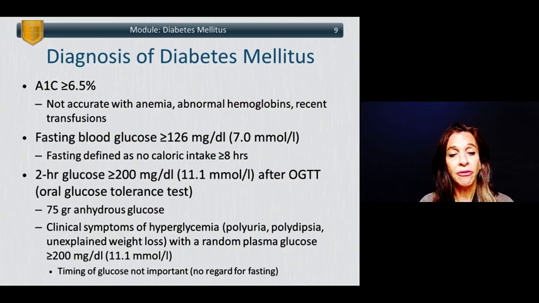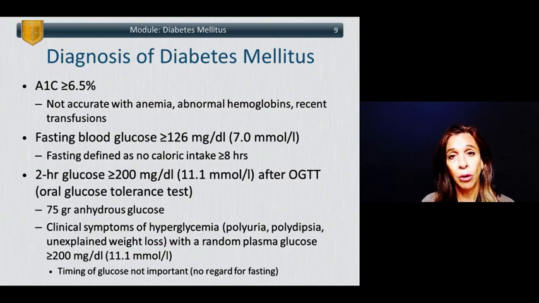If a patient has a fasting blood sugar of greater than or equal to 126 milligrams per deciliter, or international units of 7 millimoles per liter, this is diagnostic of diabetes. Fasting is defined as having no caloric intake for a minimum of 8 hours or more.